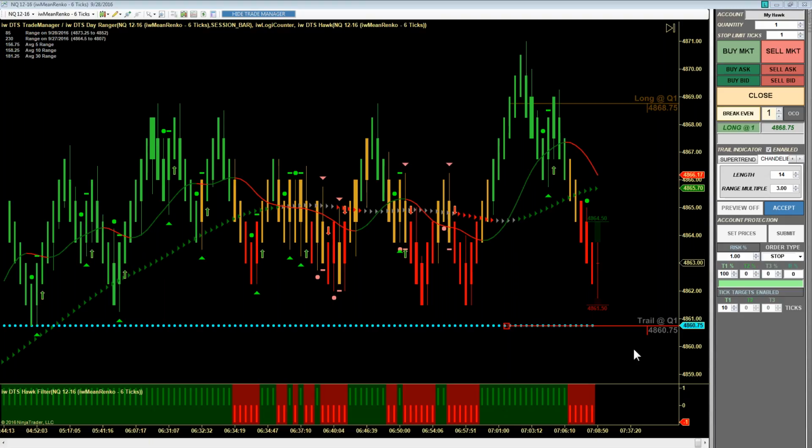Now, if the buyers step up here and actually rally the market, I'll get a little bit more aggressive with my stop. Because it's going to be the last chance really for the buyers to recover this market. If it fails at this point, well, I'm going to get the stop out. But you know what? Even though it may be a stop out, I've only risked 1% of my capital.